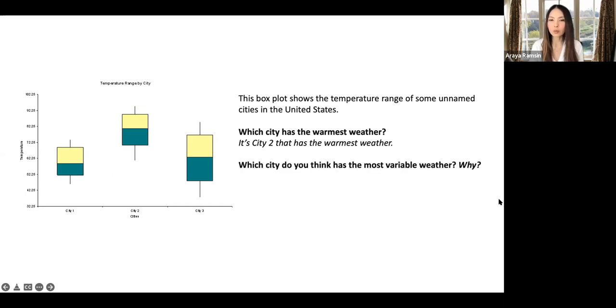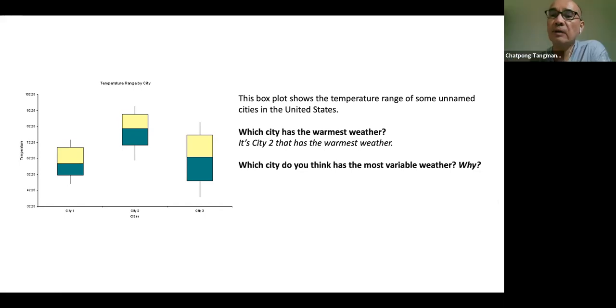What about this one? Which city do you think has the most variable weather and why? How did you know? What tells you? Is it number 3?